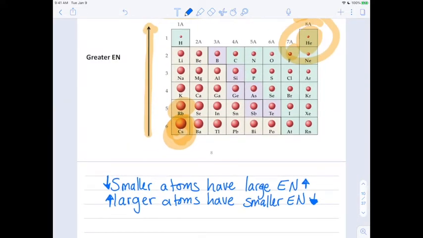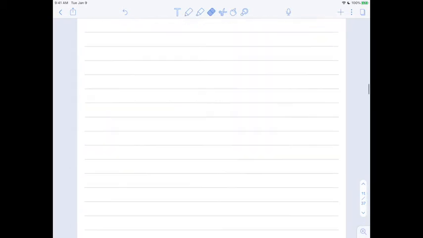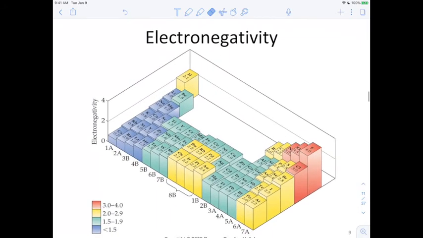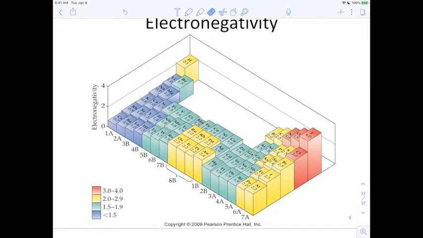Okay. And anyone need this screen for a little bit longer? All right, so here's the electronegativity chart that's in your book. And I just like showing this because it shows everything in 3 dimensions. And you can see right over here, these are our elements that have the greatest electronegativity.